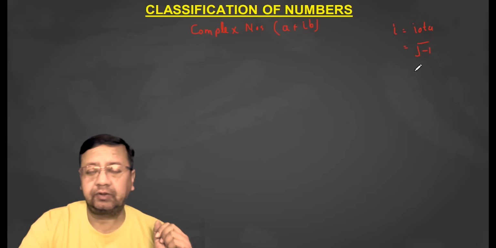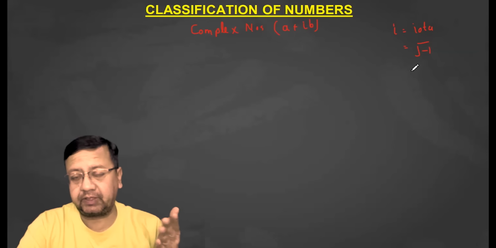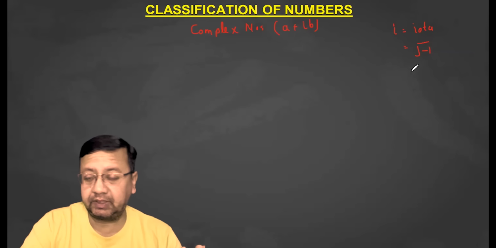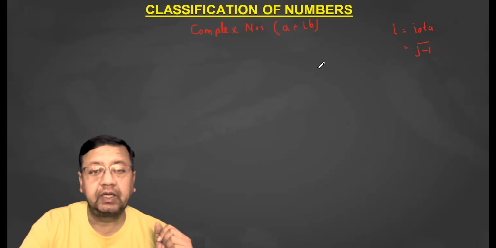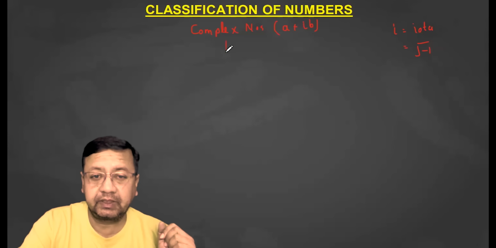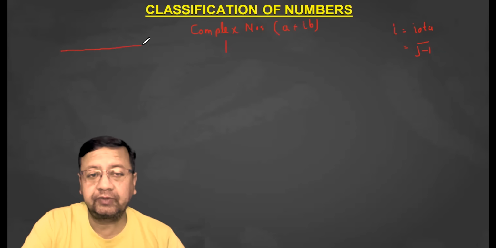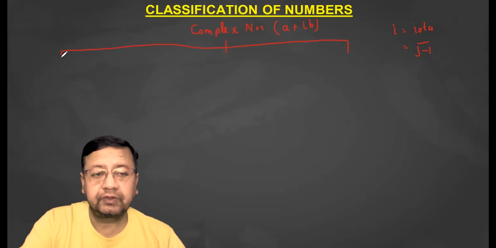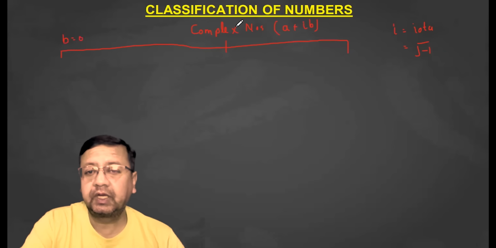Now, based on this format, we can classify the numbers into different categories. There are two different categories: the first, when B is equal to 0, and the second, when A is equal to 0.